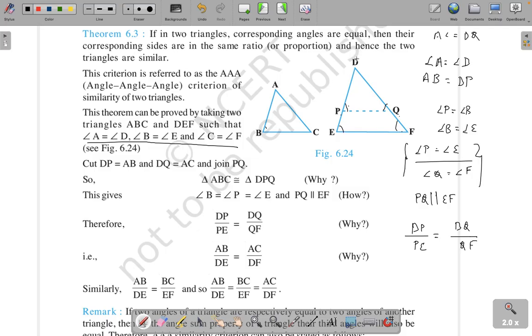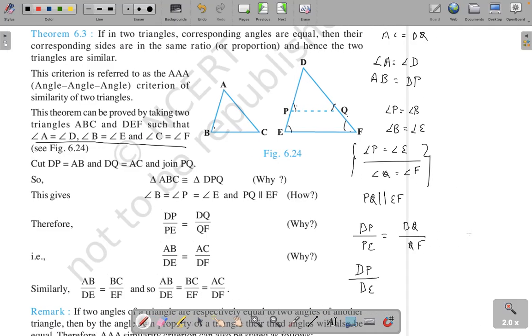Right? So now we need the second triangle. So instead of writing dP upon PE, we can write dP upon DE. So see, you have dP upon PE is equal to dQ upon QF.